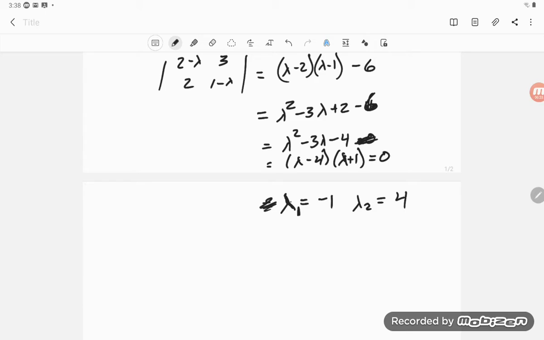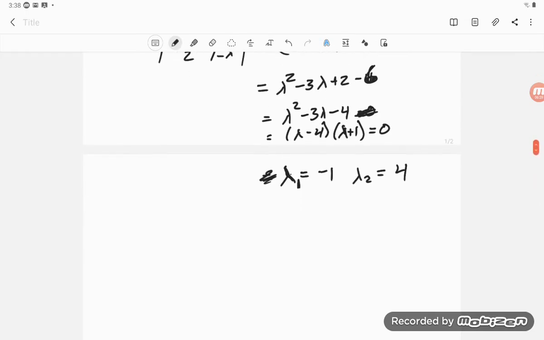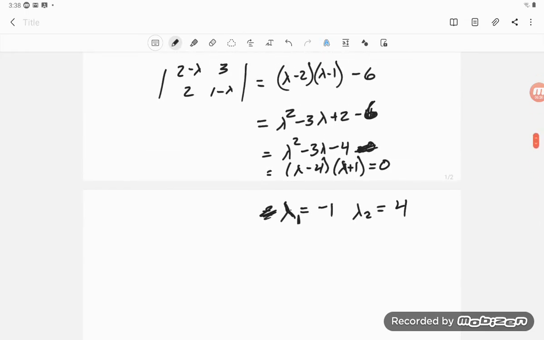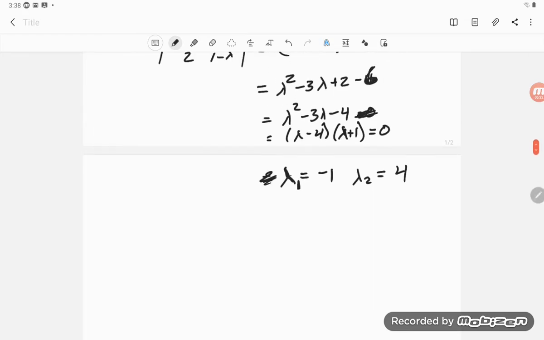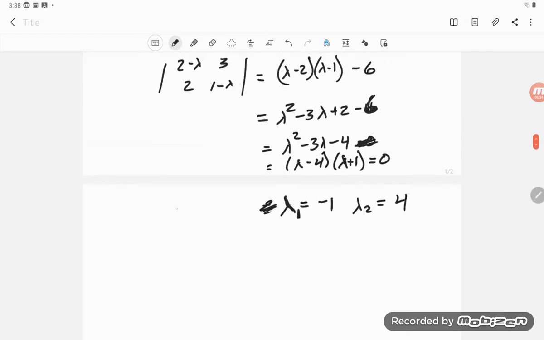So we get those eigenvalues, and now for our eigenvectors. So here's for lambda 1 equal to negative 1. I get 3, 3, 2, 2. And when I augment that with 0, I can easily see that disappears into zeros.